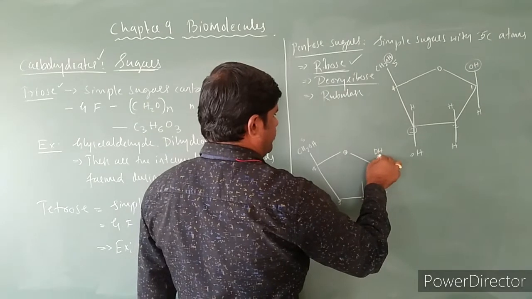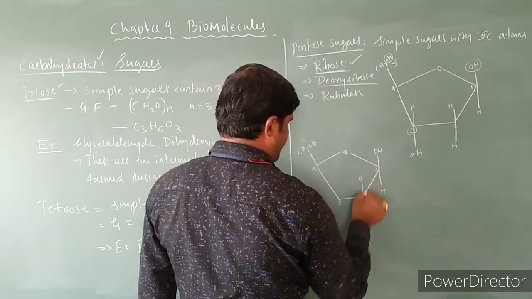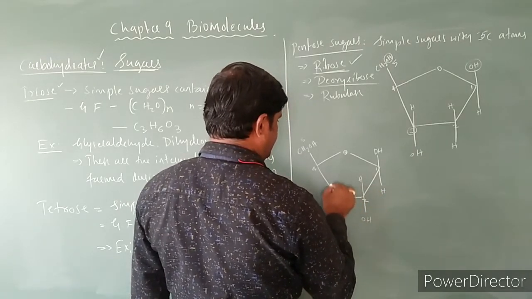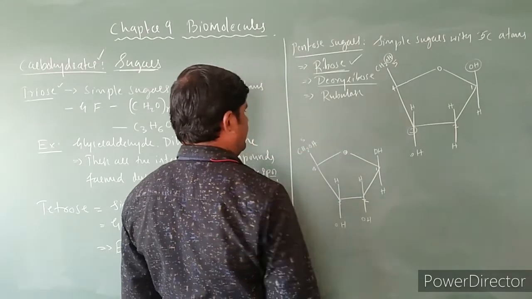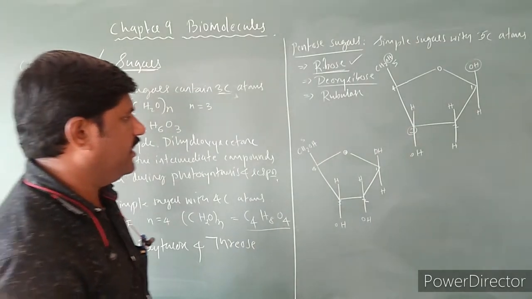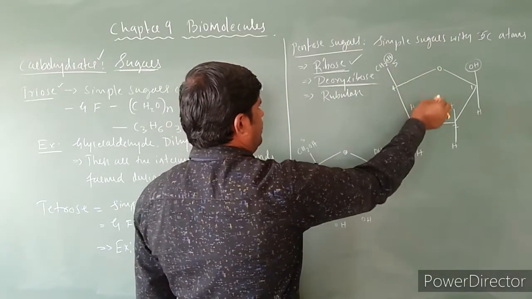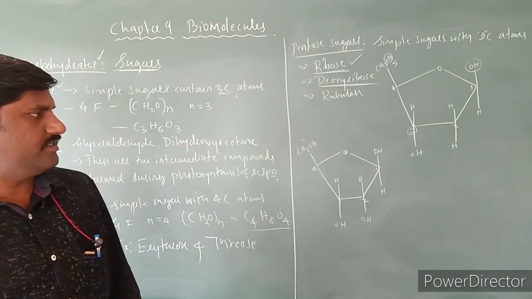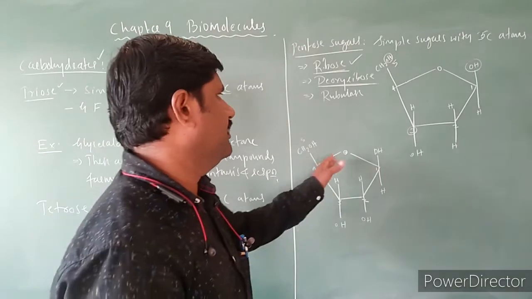There are OH groups on the first, second and third carbons; the fourth has none in this sketch, and the fifth has it. So this is the deoxyribose sugar, and that is the ribose sugar, as seen structurally.